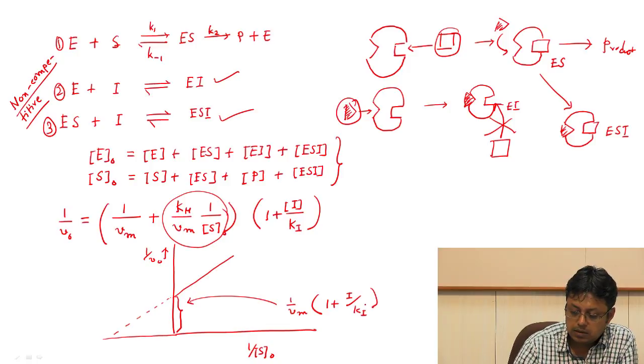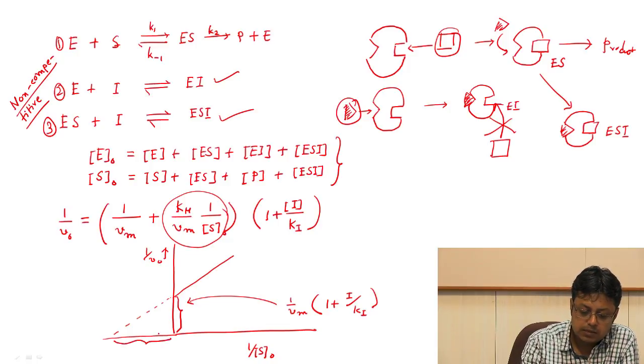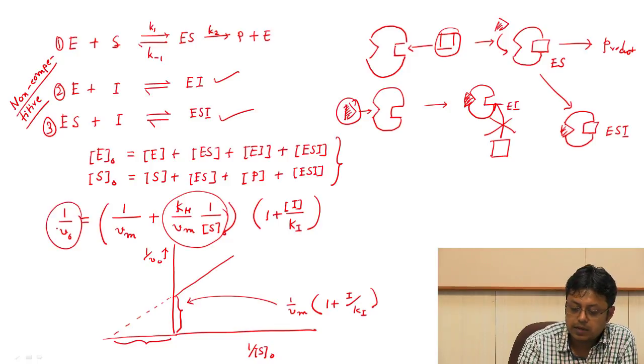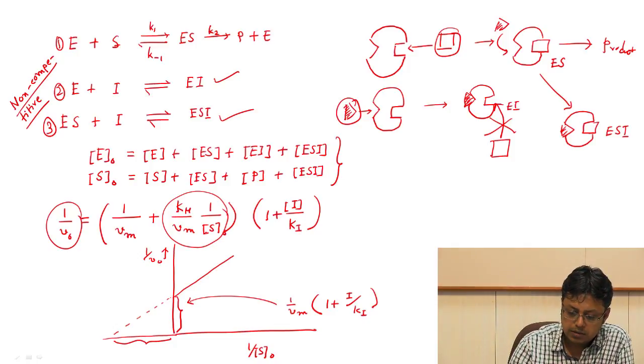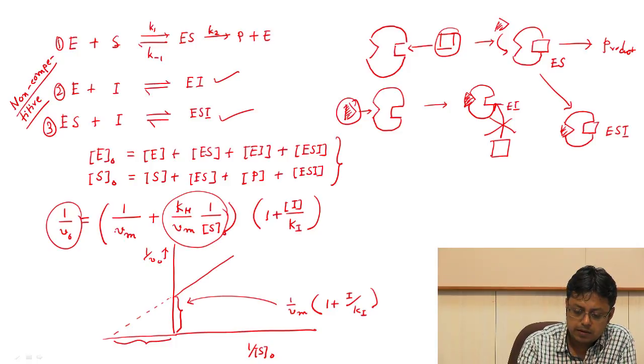And then you can also ask this question, what is this x-intercept? So for the x-intercept, I'll make this as 0 and ask, what is the value of 1 over S0? So if I make that as 0, the x-intercept will be something like minus 1 over Vm, and then I'll have Km by Vm, but that gets cancelled.